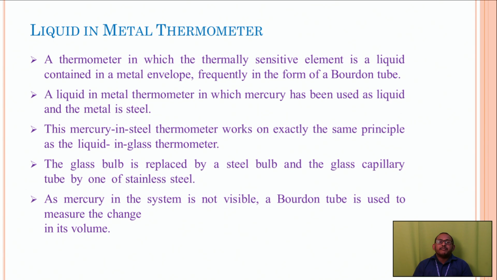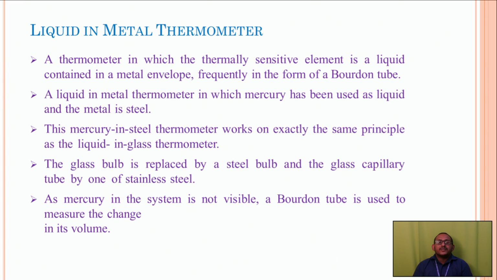The mercury in steel thermometer works on exactly the same principle as the liquid in glass thermometer, and here the glass bulb is replaced by a steel bulb. In the liquid in glass thermometer, they have the glass type, but here the name itself suggests the liquid in metal thermometer.